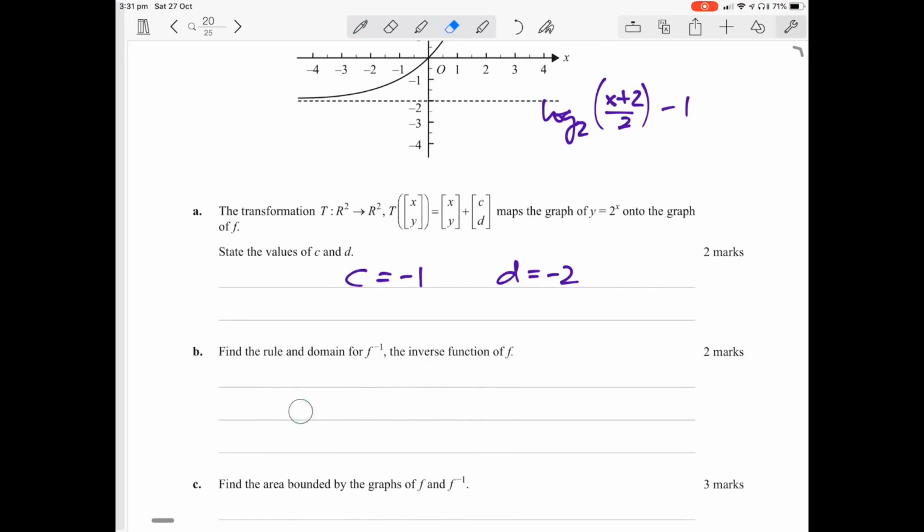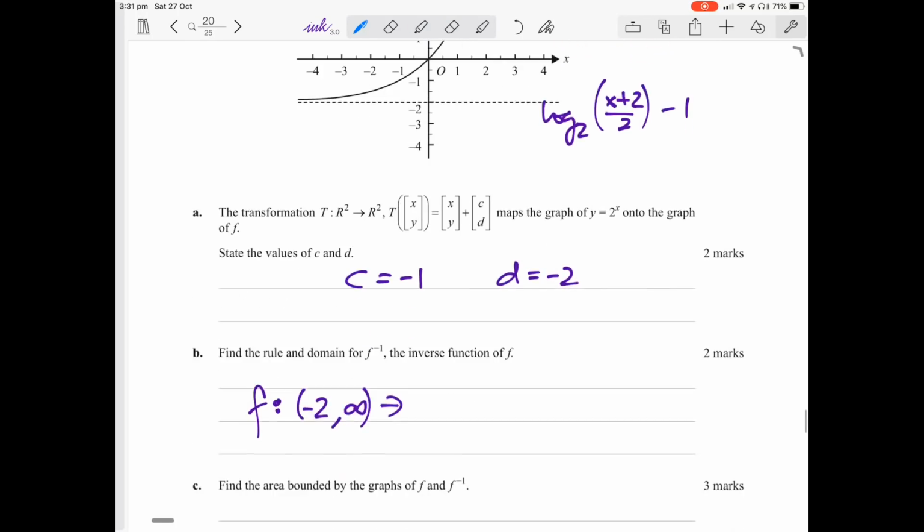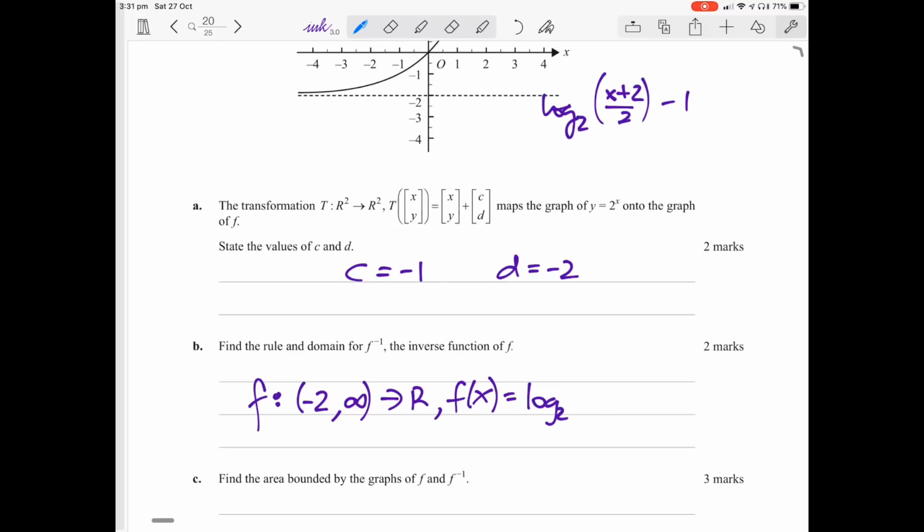So I might move it over. So f inverse such that, what do we want? Negative 2 to infinity from the real number set. f inverse of x is log 2 of x plus 2 on 2 minus 1, because my domain is the range of the original function.